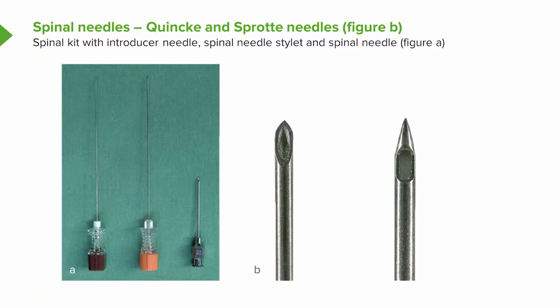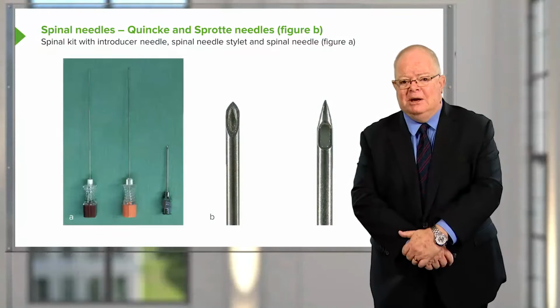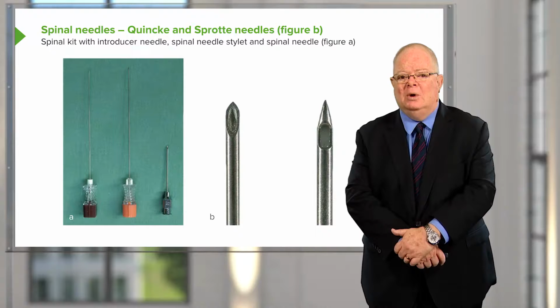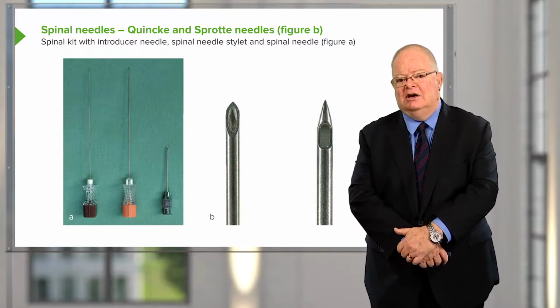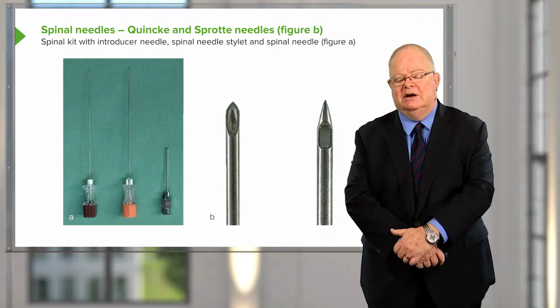So these are two types of spinal needles. The one in the middle is called a Quincke needle. And this is an old-fashioned needle, although we still use it in some situations. They tended to be larger needles, but you can see that the tip of the needle is sharp, and you may not be able to tell from the picture, but that whole area around the hole in the needle tip is a cutting edge, and it'll cut through tissues very easily.